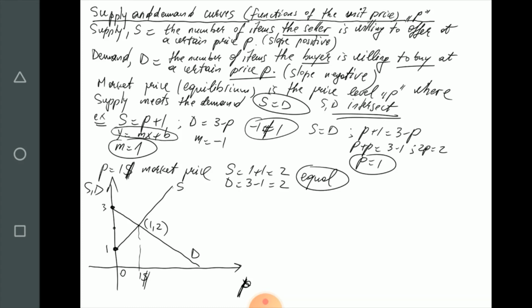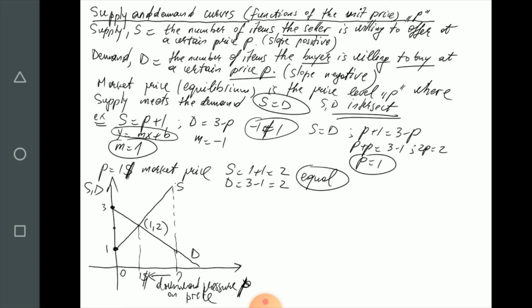So notice that, let's say the price is set above 1. In that case, the supply is greater than the demand. Lots of items on the market, not much willingness to buy. Obviously, the pressure is on the price to decrease. So it's a downward pressure on price.